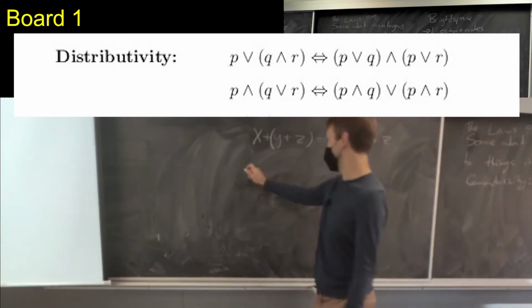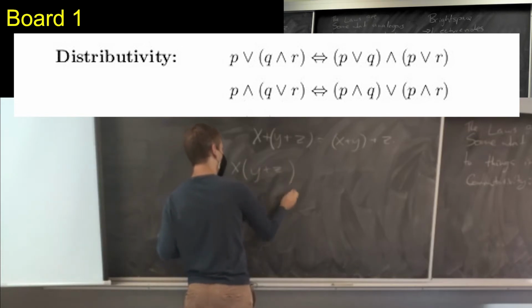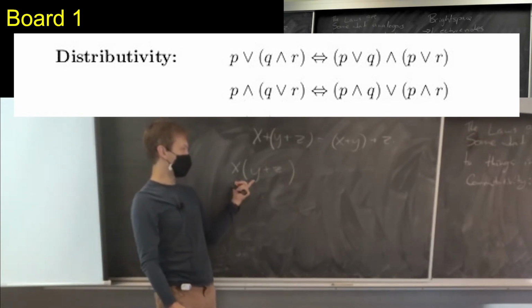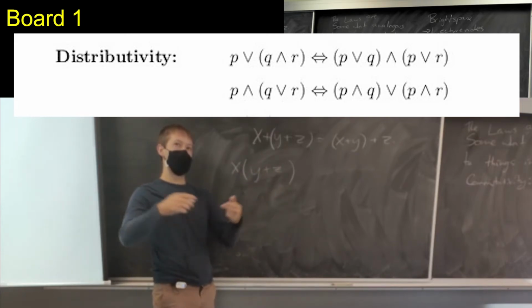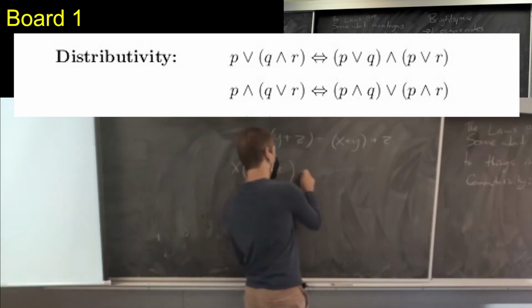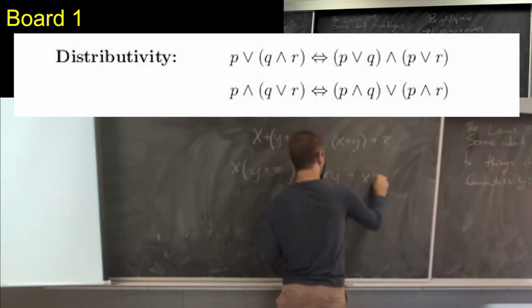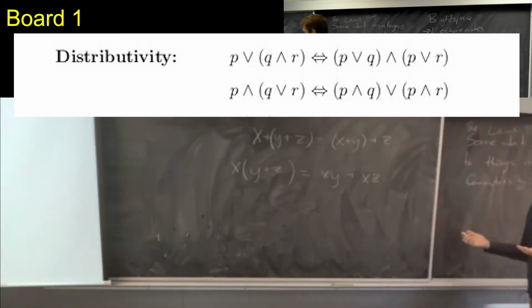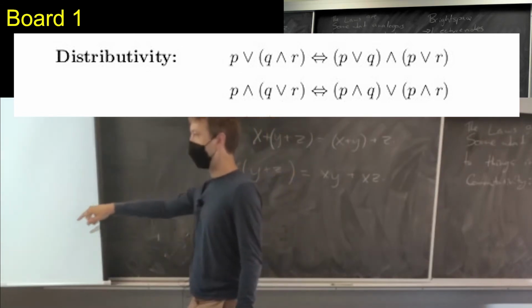So if I had x times y plus z, what you do is take the x inside and apply the multiplication to each of the inside things and add them. So this is xy plus xz. Okay, and the logic works in the same way with these logical connectives.